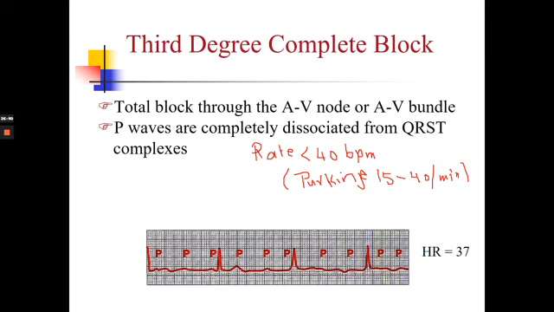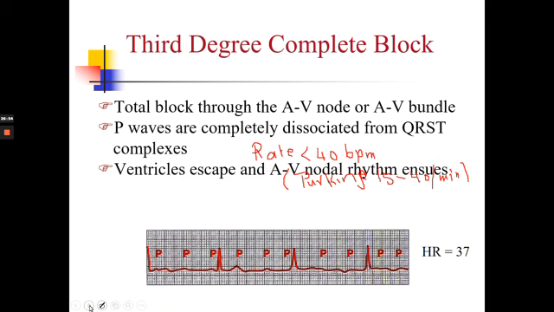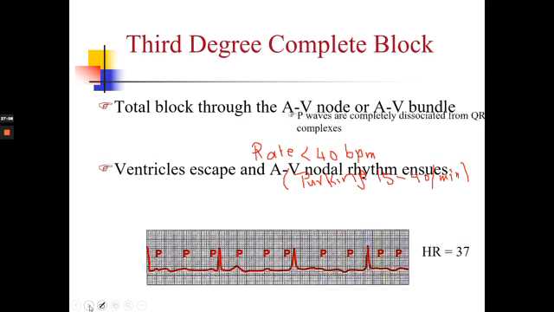So in cases of third degree heart block, the heart rate is lower than 40 and there is no association between P's and QRS, completely dissociated P's and QRS. Ventricles escape the nodal rhythm because the ventricles are not affected by the vagus nerve.